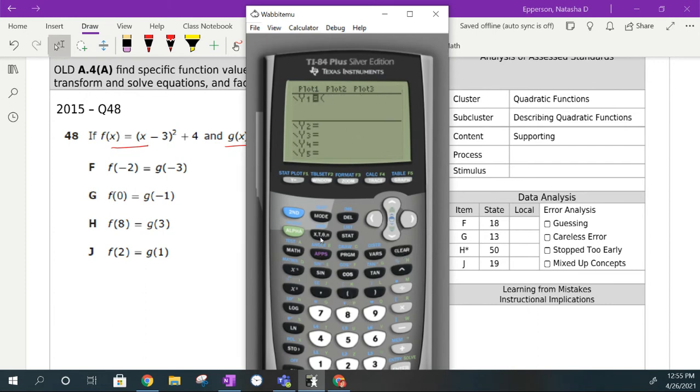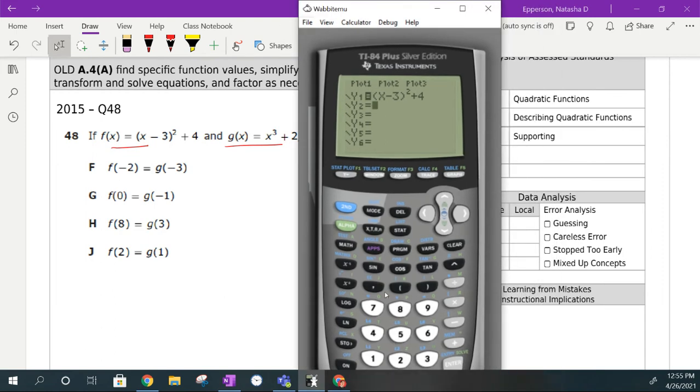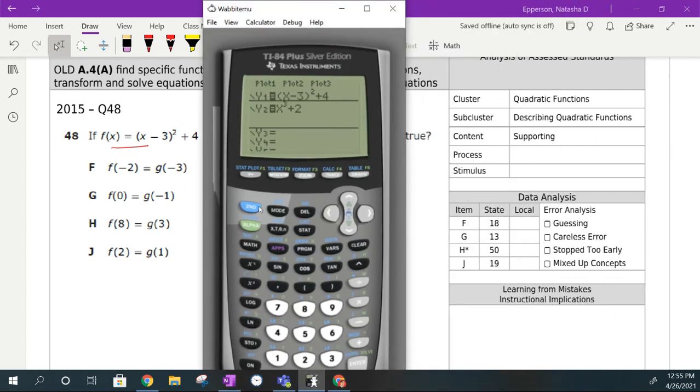I'm going to do x minus 3, all squared, and then, oops, don't forget the plus 4. And then the second column, we've got x cubed plus 2. Okay, I'm going to go to second graph.